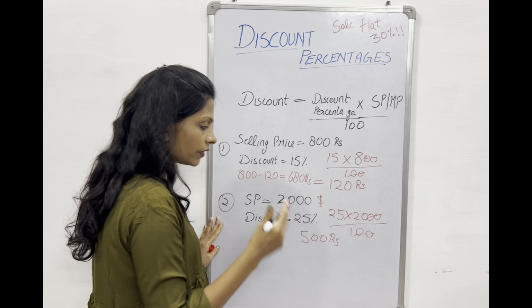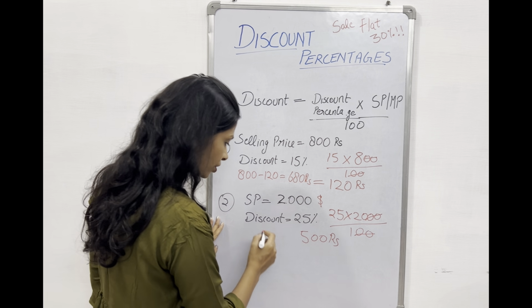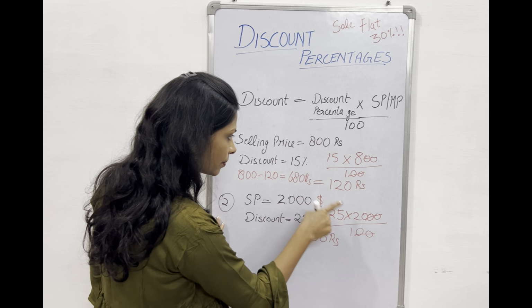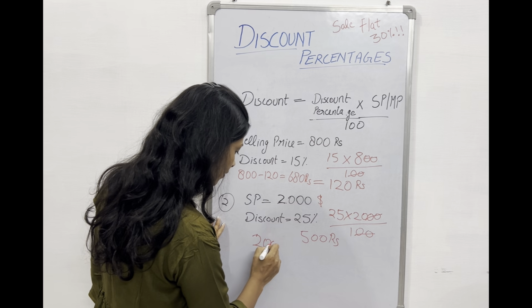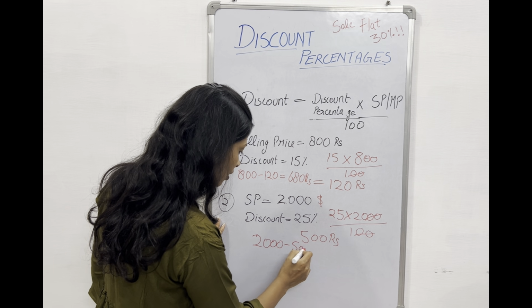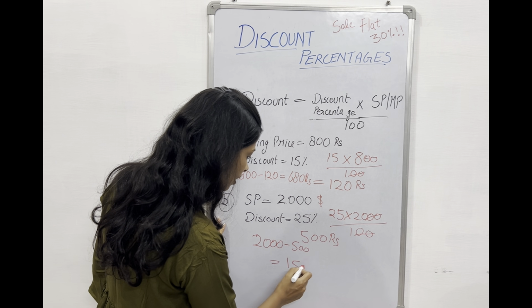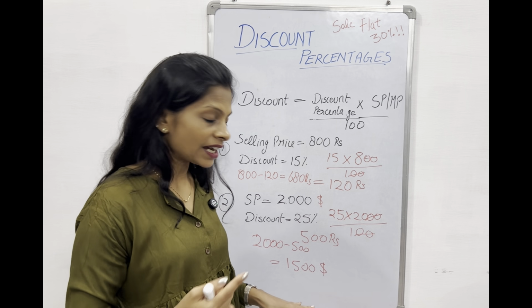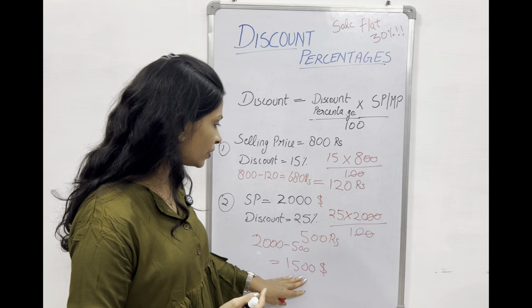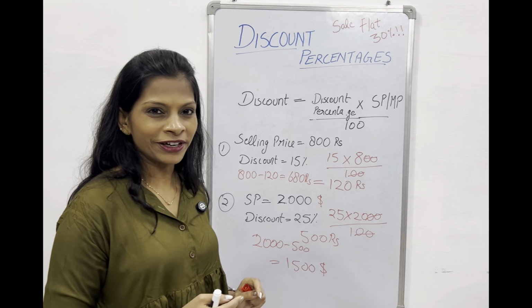To find the new selling price of the t-shirt or the item, I will subtract this 500 from the selling price, which is 2000. 2000 minus 500 will give me $1,500. So the new selling price at which the item was being sold is 1500 after a discount of 25%.